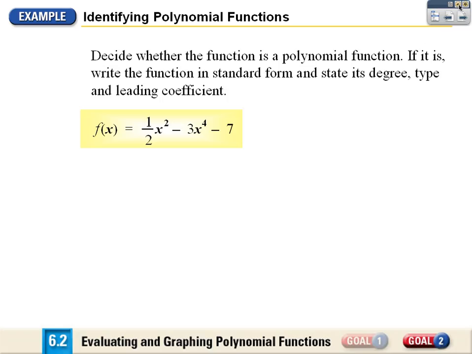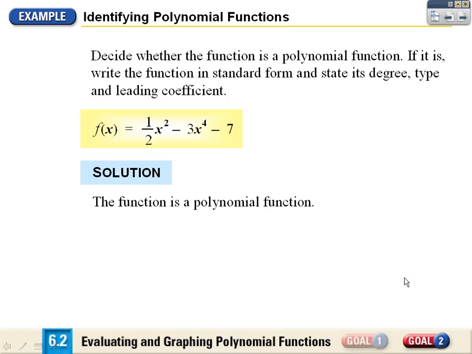So, not 3. Negative 3. Okay, what's the constant? Negative 7. Is it in standard form? No, but we could put it in standard form. So it is a polynomial. If we put it in standard form, we just have to put the biggest power of x first, not second.